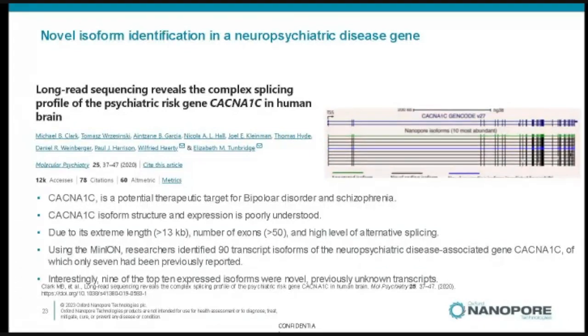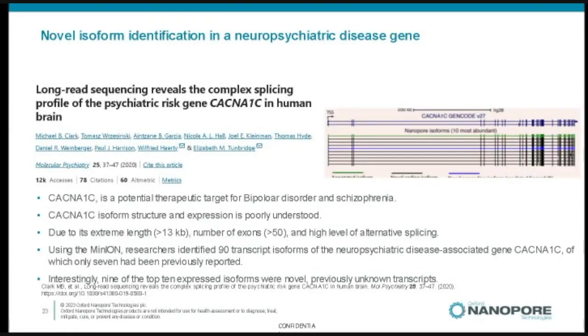So here we have a work from Clark and co-workers, and they are using long-read sequencing to study the psychiatric risk gene CACNA1C in human brain. This gene, CACNA1C, is a potential therapeutic target for bipolar disorder and schizophrenia.